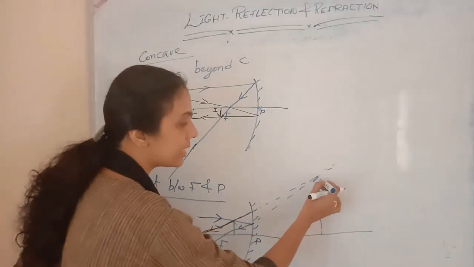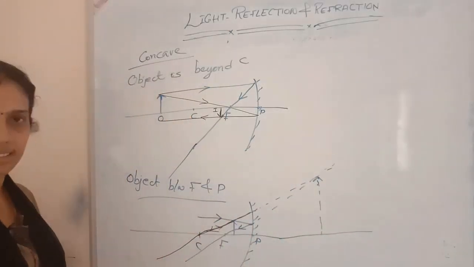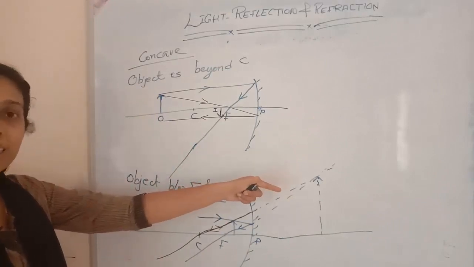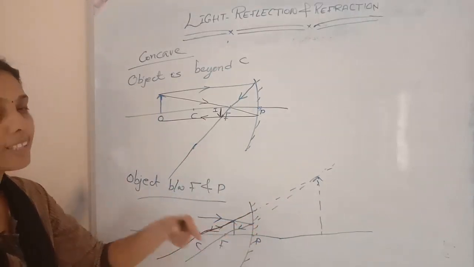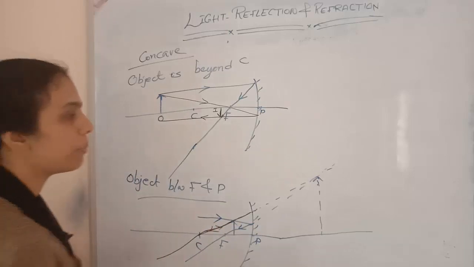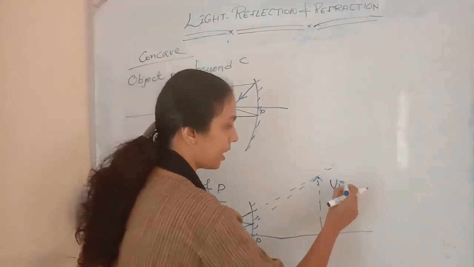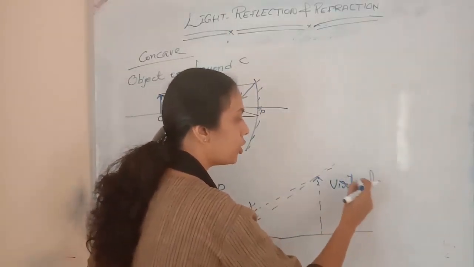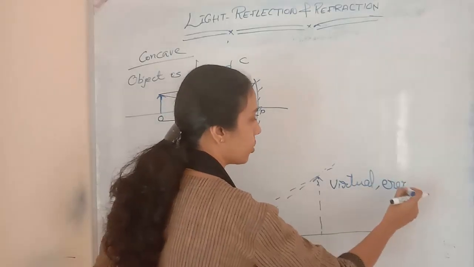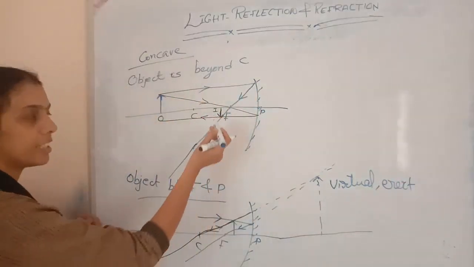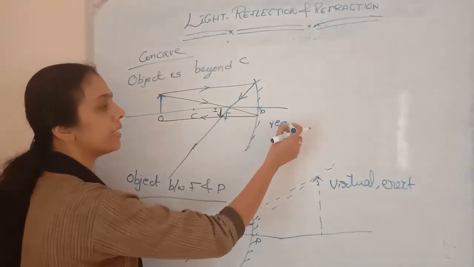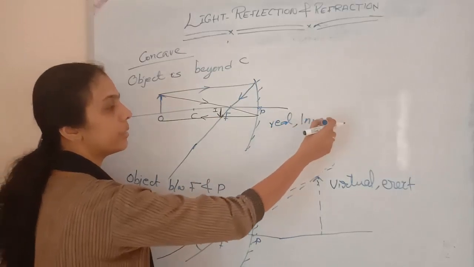So we are getting an image. We only found the meeting point, isn't it? It's not actually meeting, so it will be a virtual image. Virtual means it will be erect also. Where it's actually meeting, we get a real and inverted image.